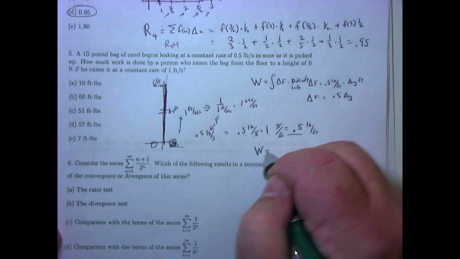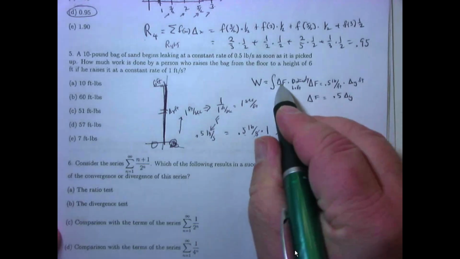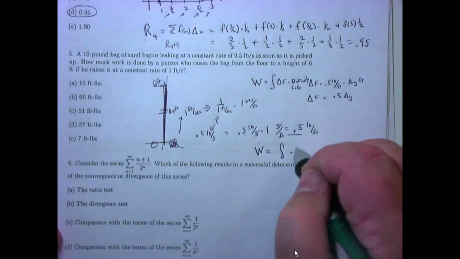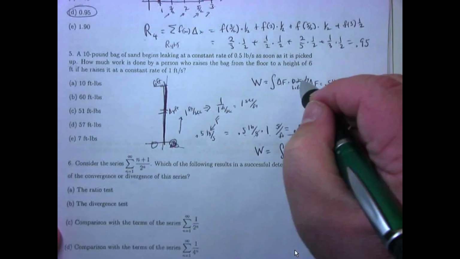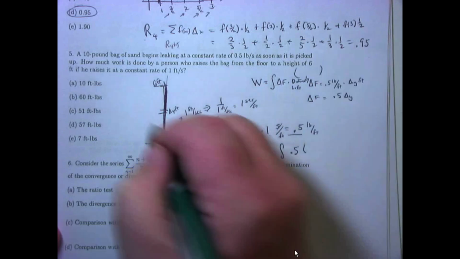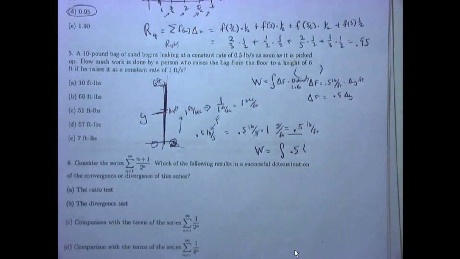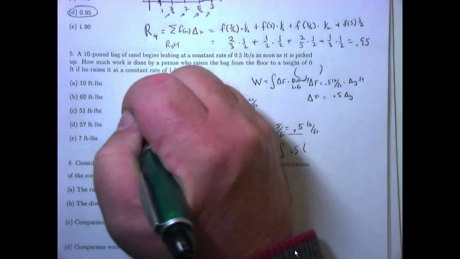So this is going to end up being work is equal to the integral. What was my change in force? This thing is changing 0.5 pounds per foot. So this is 0.5 times, what is the distance I have to lift? This thing is at an arbitrary y level. How do you lift it up to the top, which is based upon my coordinate axis at 6? What's my distance here?